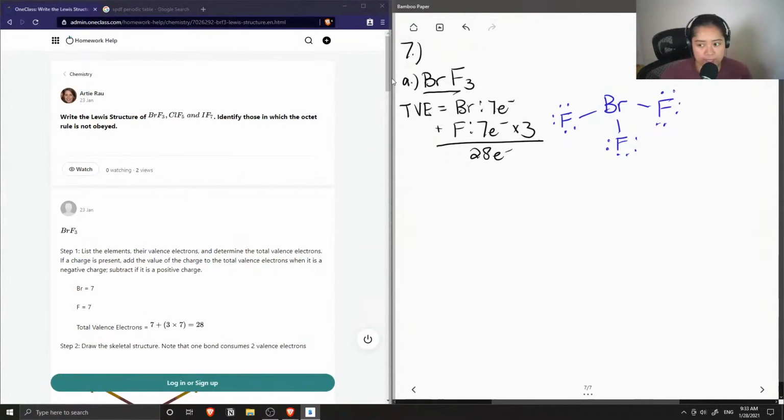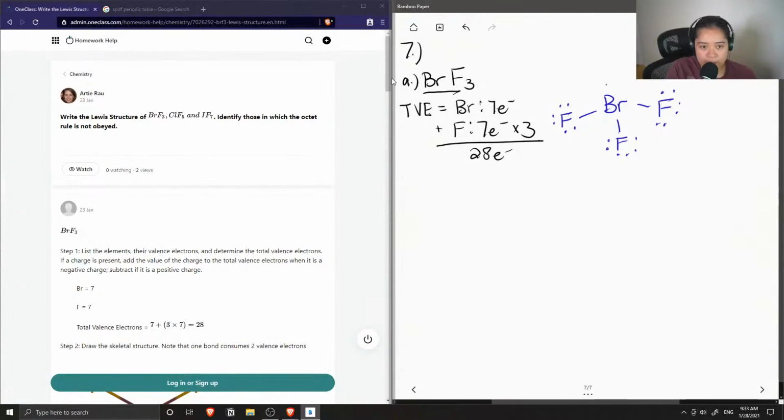So now if we count out how many electrons I've drawn so far, each bond contains 2 bonding electrons, and we have 3 bonds, and then each fluorine contains 6 electrons in the form of lone pairs. So I only have 24 out of the 28 electrons drawn in this structure.